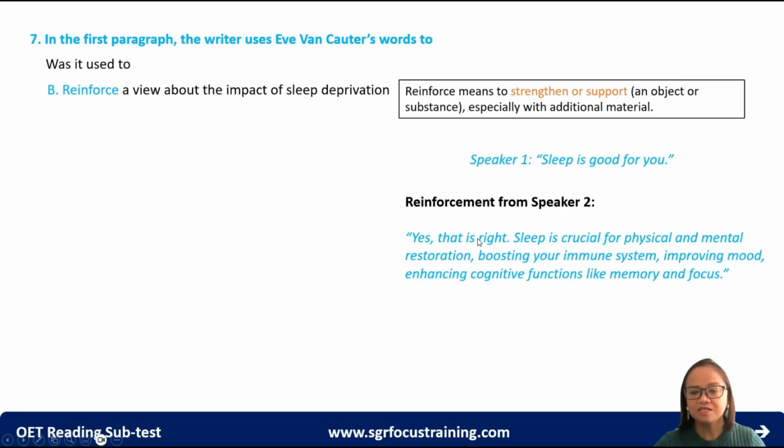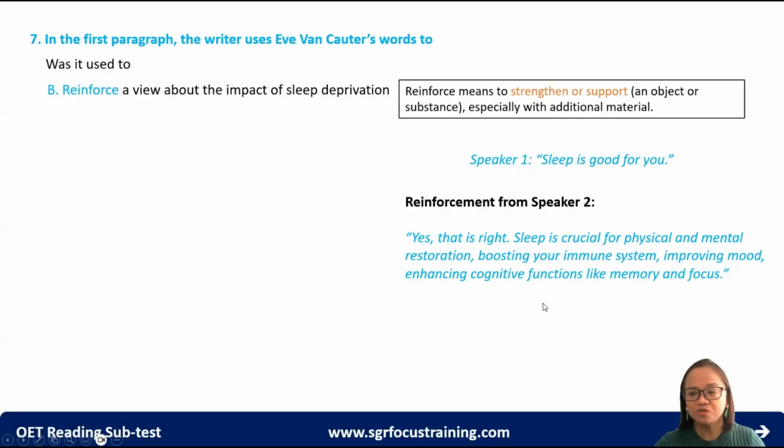The mere fact that speaker number two is agreeing means she is supporting the first opinion. She's also going to make it stronger, that opinion that sleep is good for you. She's going to strengthen it by giving us examples. And she said sleep is crucial for physical and mental restoration.